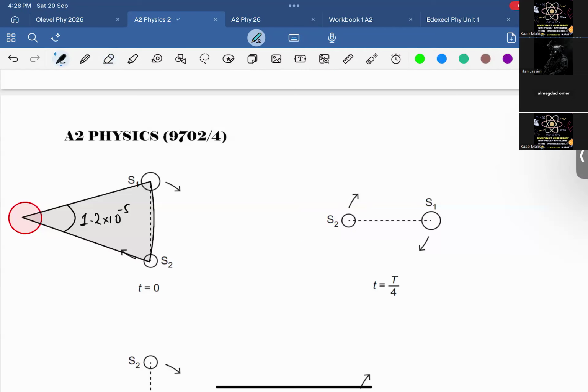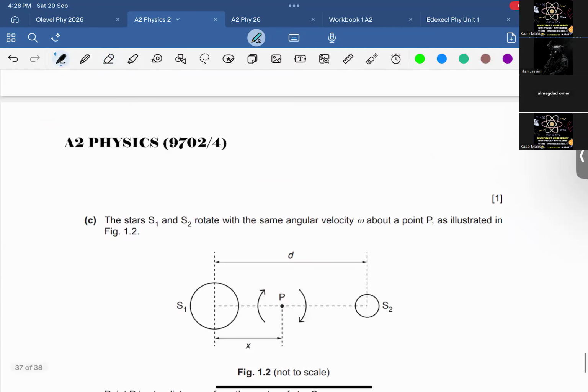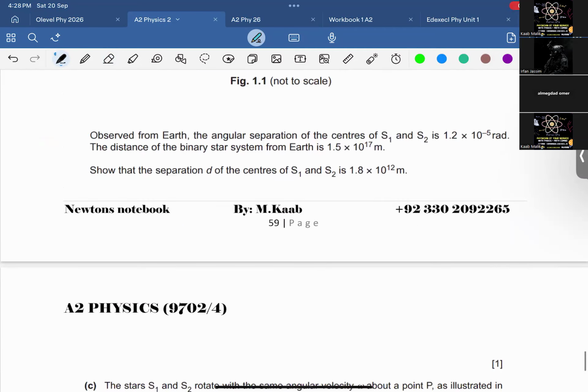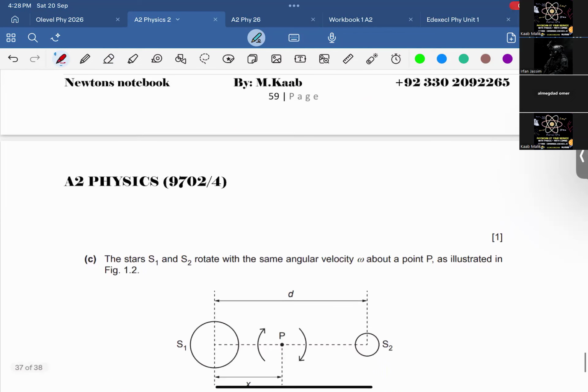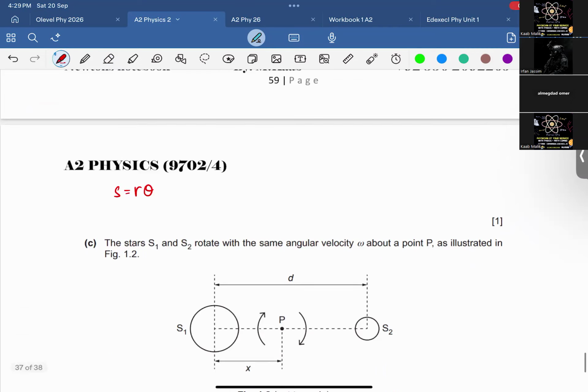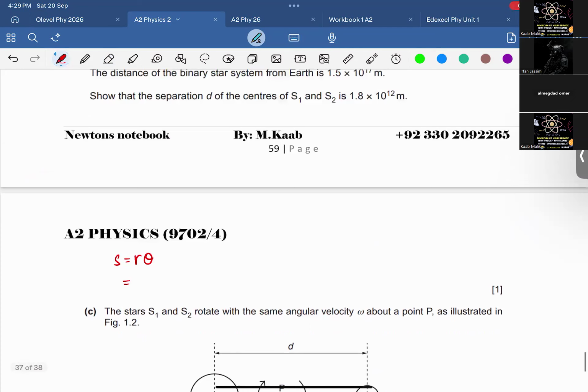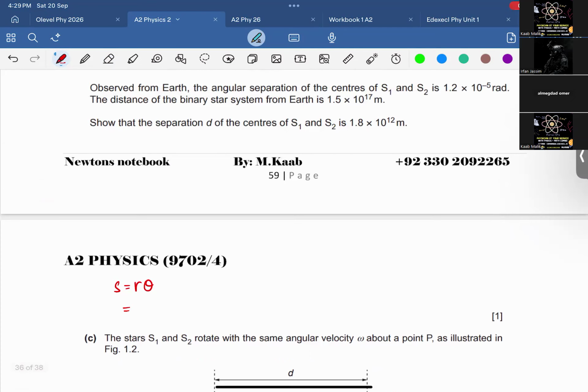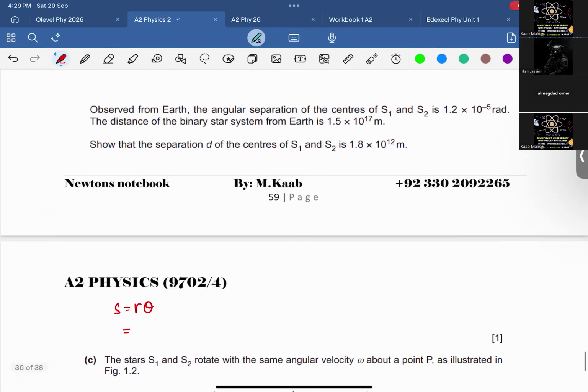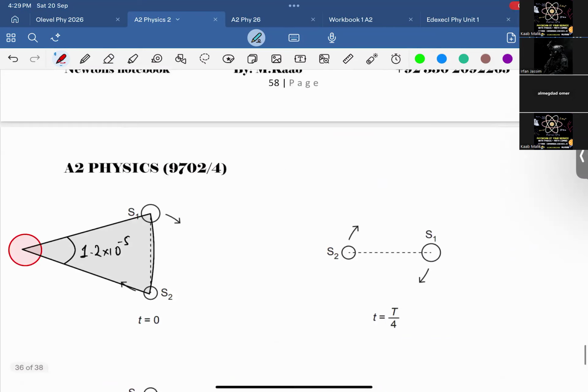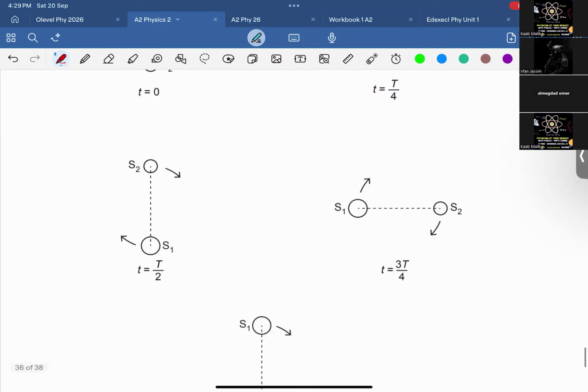So we can use s equals r theta because the angle is very small. The r is 1.5 exponent 17, this distance, the radius.